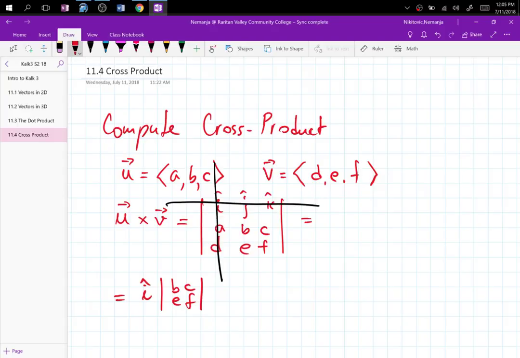The next part is the one where the grade usually goes down. You have to put negative j. The signs on these are plus, minus, plus.